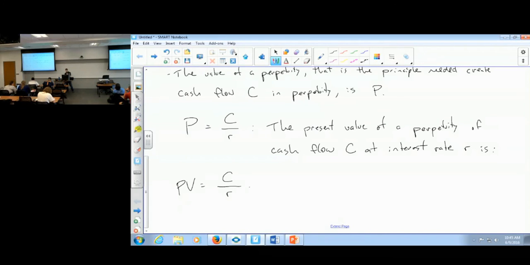Alright, so the present value of a perpetuity of cash flow C with an interest rate of R is just the cash flow divided by the interest rate.